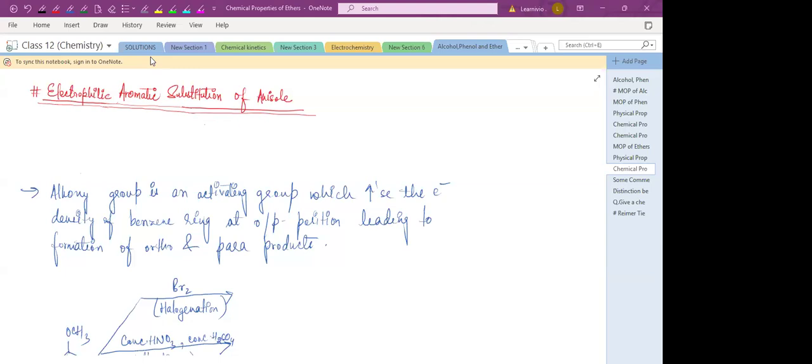Yes, the methods of preparation of alcohols is coming, methods of preparation of phenols, physical properties of alcohols, chemical properties of alcohols, and chemical properties of phenols, till method of preparation of ethers is coming in your test.